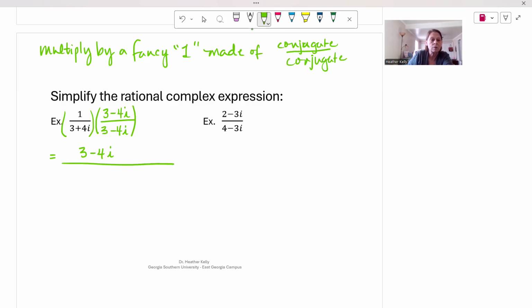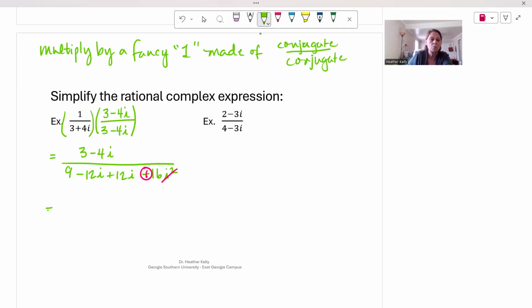So 3 times 3 is 9. 3 times negative 4i is negative 12i. 4i times 3 is positive 12i, and negative 4i times 4i is negative 16i squared. Now, before I do anything, I handle that i squared situation and show that as a plus.